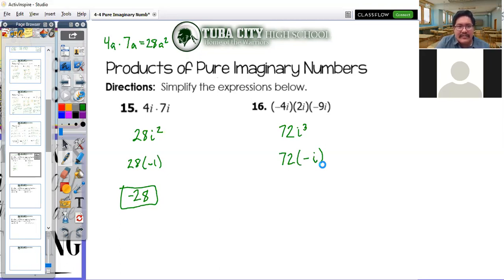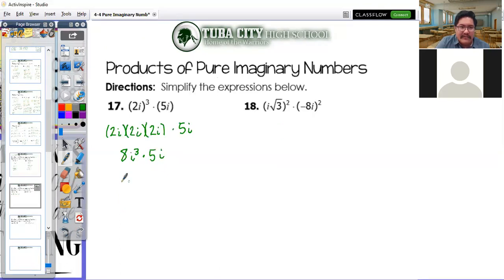So 2 times 2 times 2 would be 8, and then there's 3 of them, so that'd be i to the third. Then I'd have 5i here. There we go. Now I only have 2 terms, 8 times 5, which would be 40, i to the fourth. And if we go back to our chart, i to the fourth is just 1. So this is 40 times 1 because I took that out and it just goes back to being 40. Not too bad.